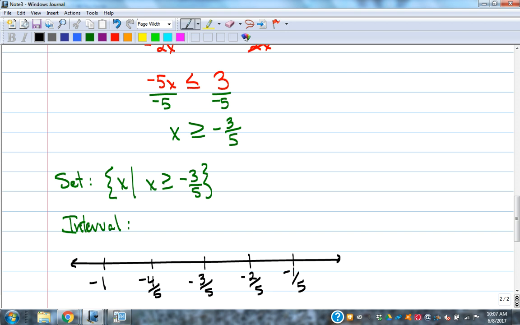So if it's bigger than negative 3/5, it's going to go toward what? Yeah, it's going to go to the right. So that means that the infinity is going to be on the right. So your negative 3/5 is going to go first, and positive infinity on the right.